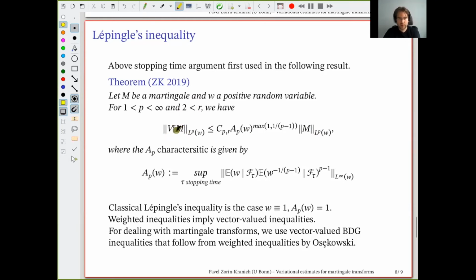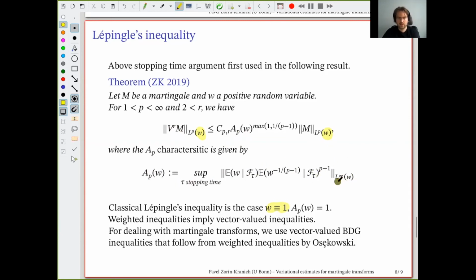So this is Lépingle's inequality, but the version that I proved also has these weights here, and maybe you don't have to know what the condition on the weights is, but you can quickly check that if your weight is just constant 1, then this expectation is constant 1, this expectation is constant 1.